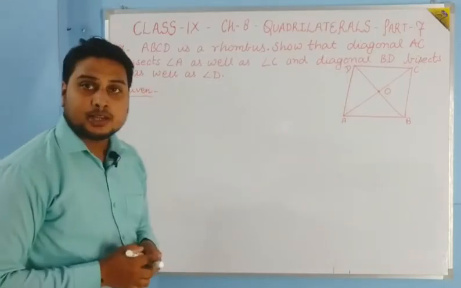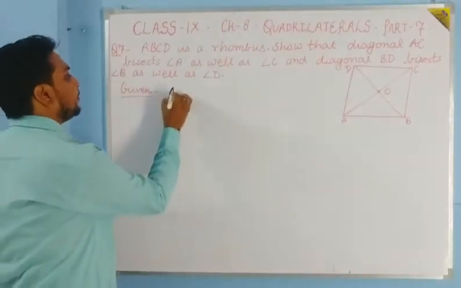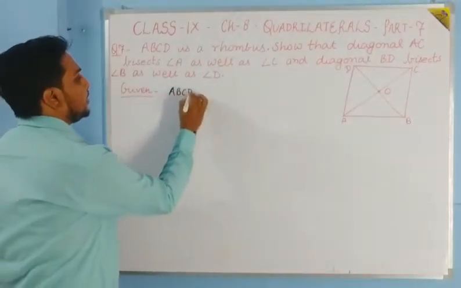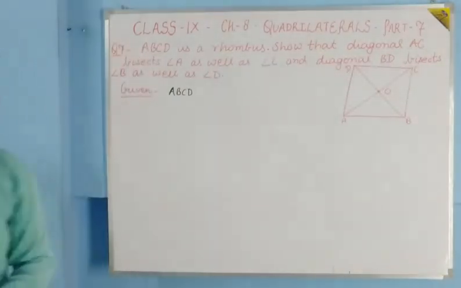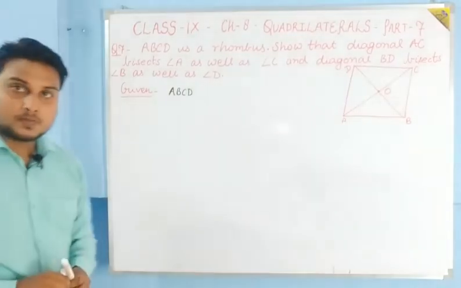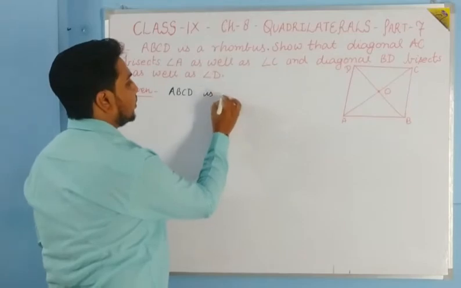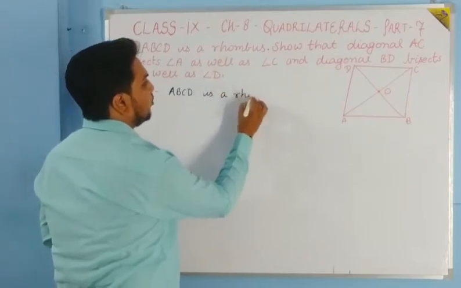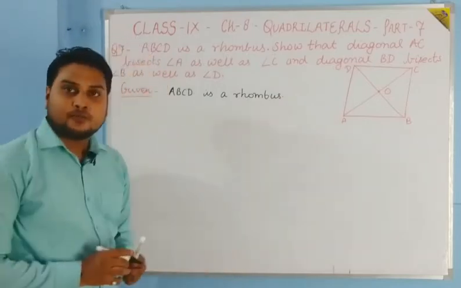So students, in the given part, we will write that ABCD is a rhombus. And what do we have to show?